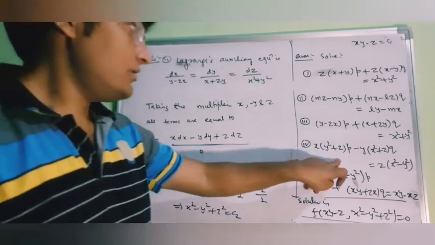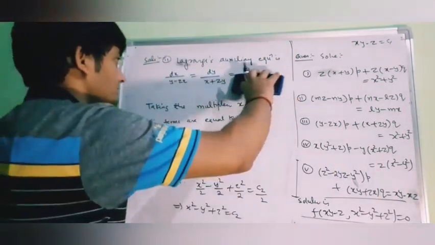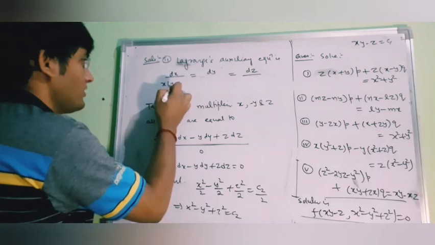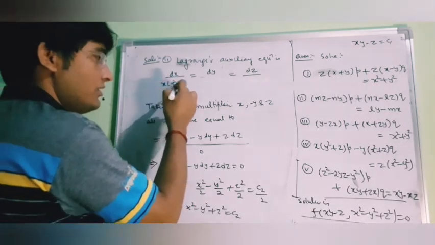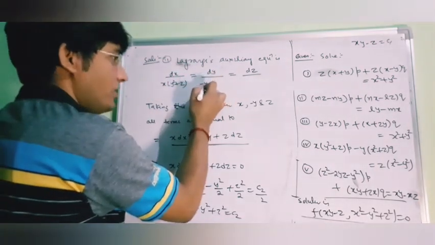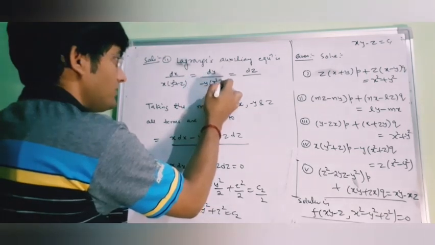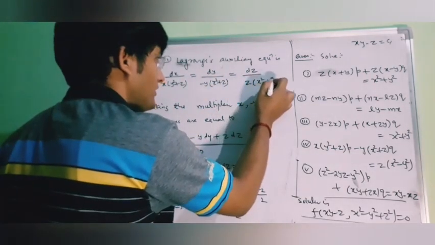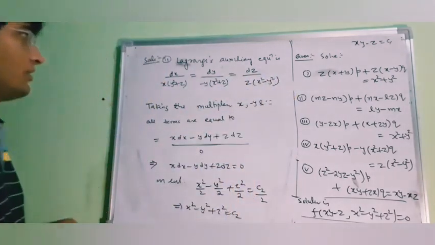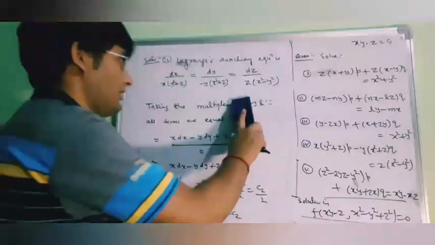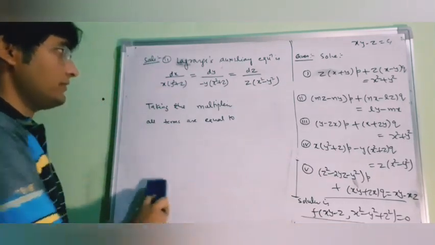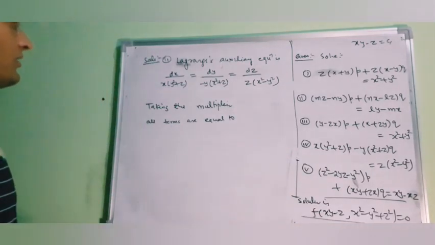In this part we have dx upon xy square plus z, then dy upon minus y x square plus z, and dz upon z into x square minus y square. Now let us guess the multiplier.